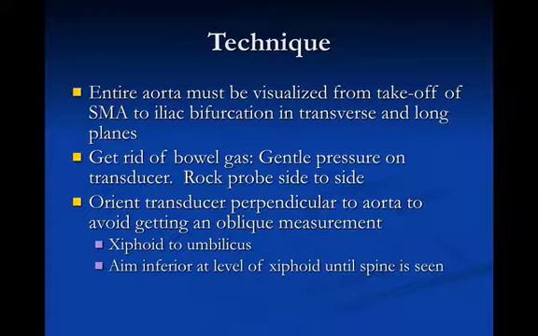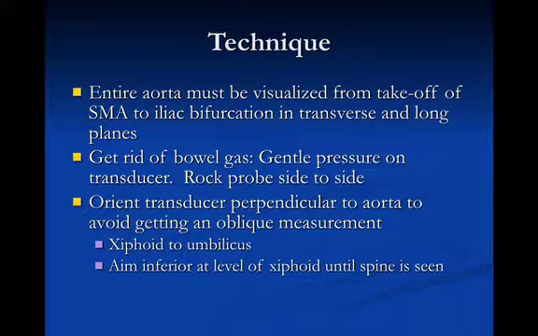For the technique, the entire aorta must be visualized from takeoff of the celiac to the SMA to the iliac bifurcation in transverse and long planes. The biggest trick to the aorta is to get rid of bowel gas. Gentle pressure on the transducer and rocking the probe side to side are effective measures.